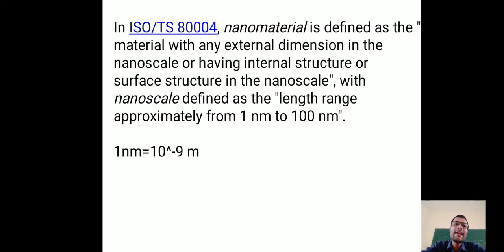So as per ISO TS 80004, nanomaterials are defined as materials with any external dimension in the nanoscale or having internal structure or surface structure in the nanoscale, with nanoscale defined as the length range approximately from 1 nanometer to 100 nanometer.